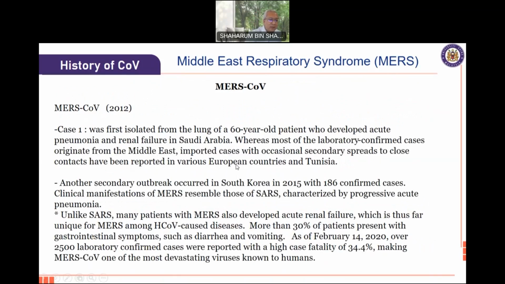WHO announced that a new, severe human coronavirus was coming out again. They call it MERS-CoV. The main difference between SARS-CoV and MERS-CoV is that MERS-CoV patients developed acute renal failure, which is very unique to MERS compared to SARS-CoV.